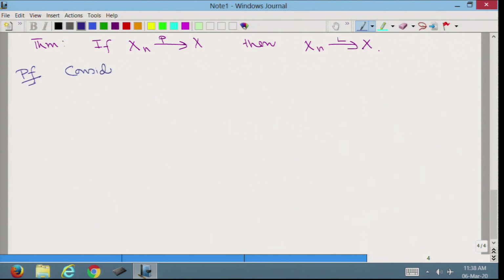Consider the event x n less than equal to x.